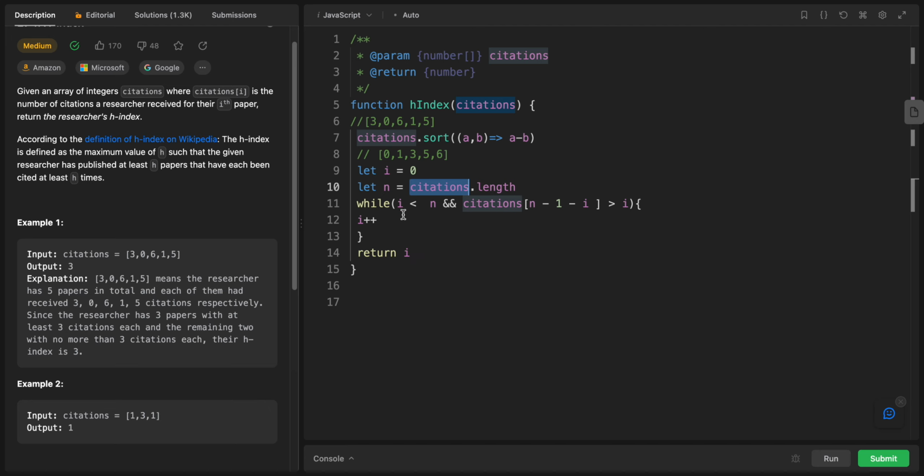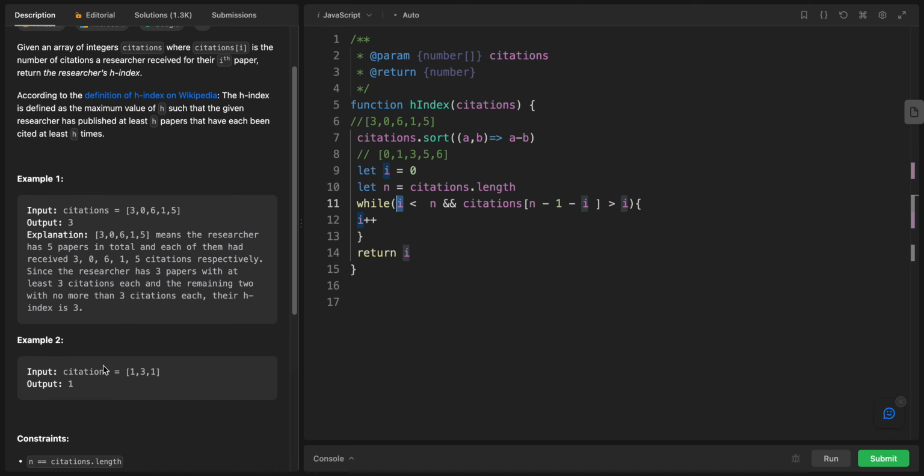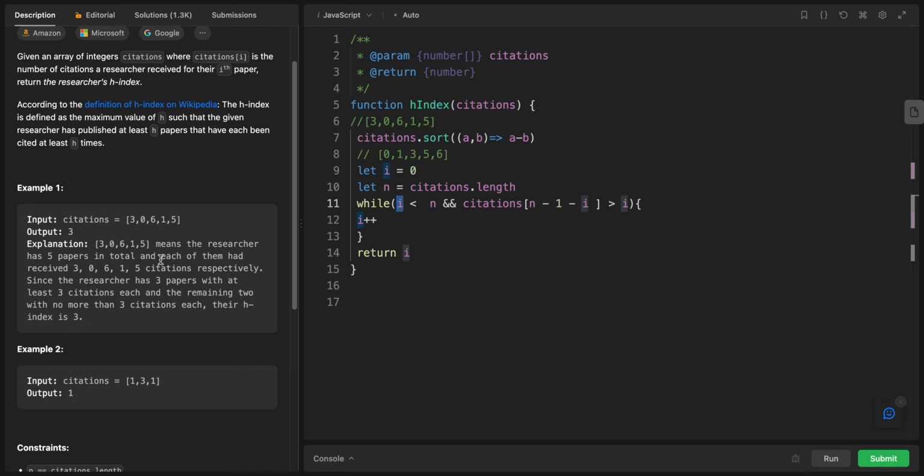The H index is the maximum value of H such that the given researcher has published at least H papers that have each been cited at least H times. So we have this number 3, and it was appeared at least 3 times, and it is the maximum.